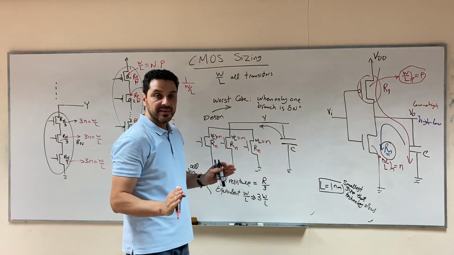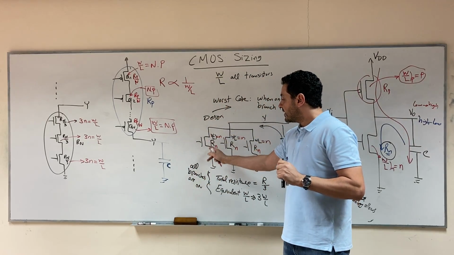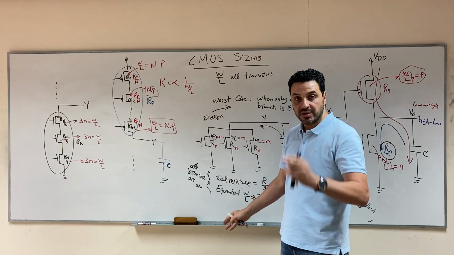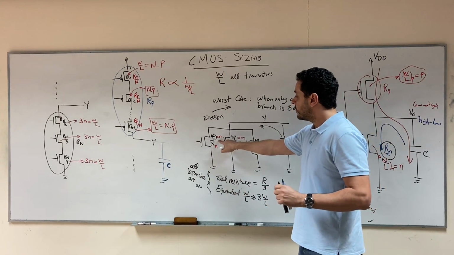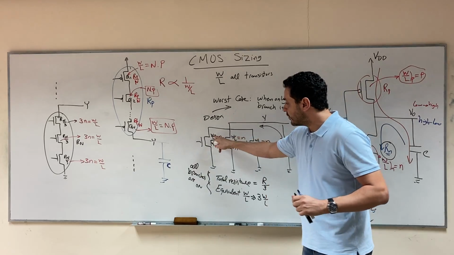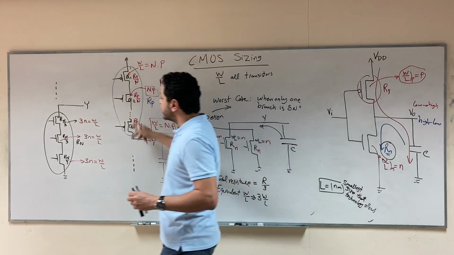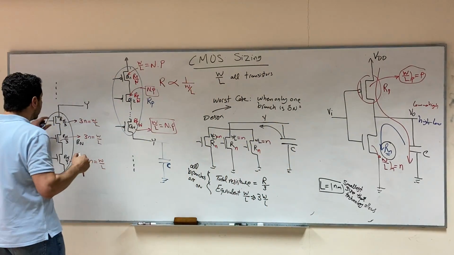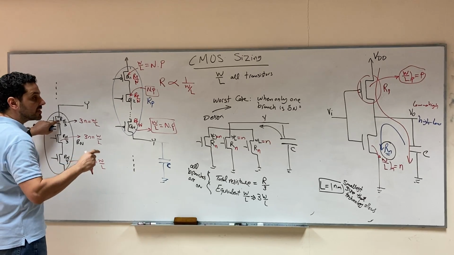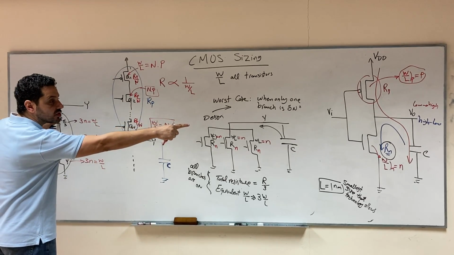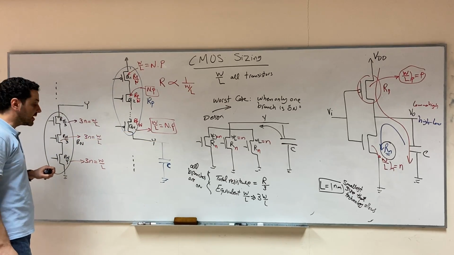So if we have a parallel connection, you should design the resistance of each branch to be the same as the CMOS inverter, and W over L to be the same here. Okay? While if you have a series connection, then the resistance of each of the transistors in the series connection must be equal to the resistance of the CMOS inverter divided by the number of elements in this series connection.